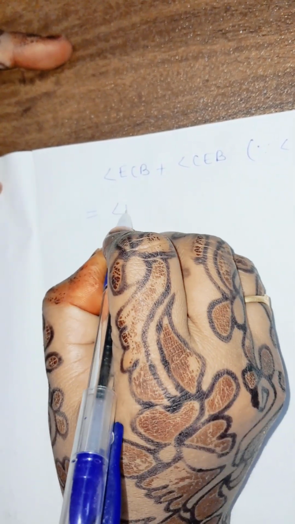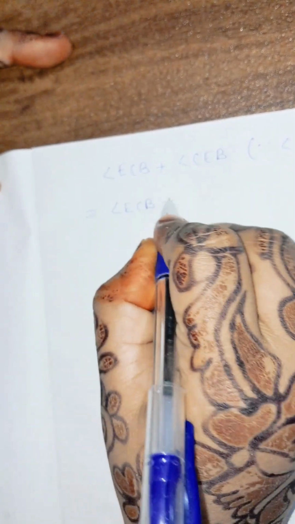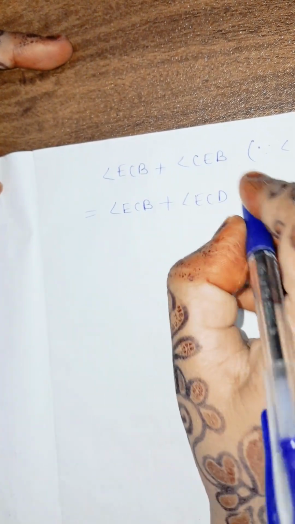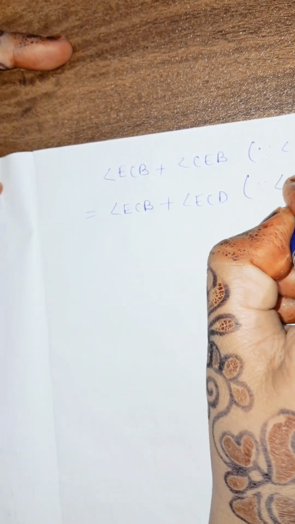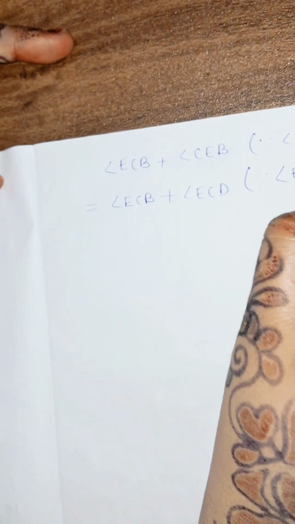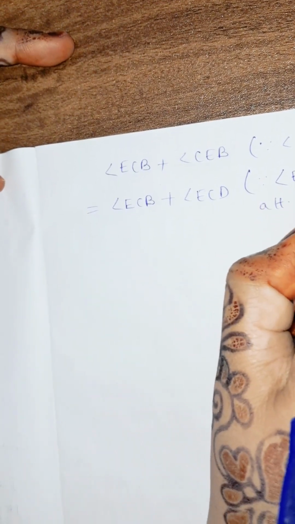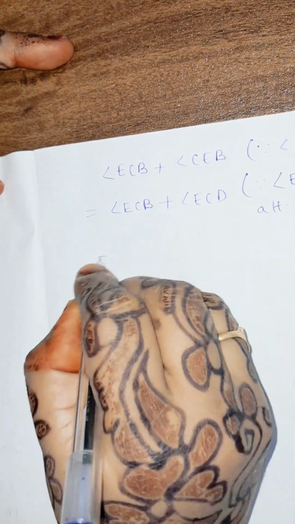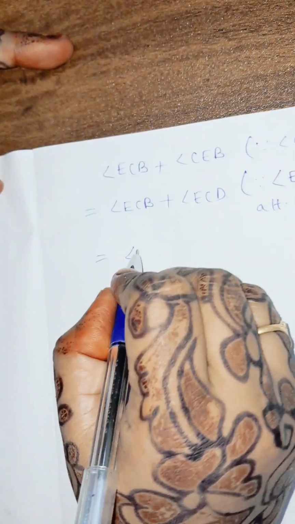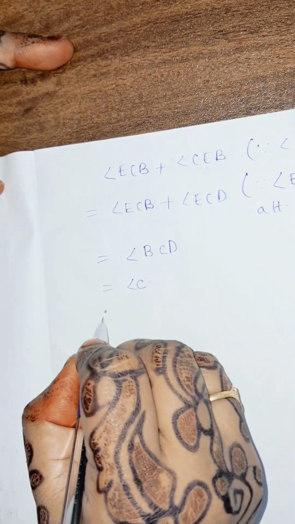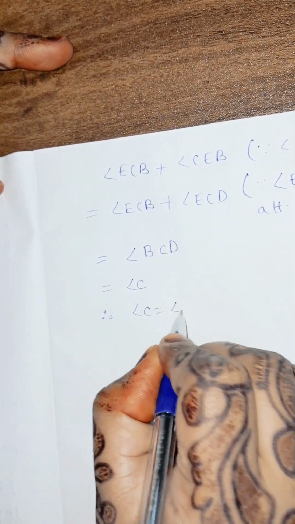Next, angle ECB plus angle ECD, because angle ECD is equal to angle CEB, which are alternate angles. Okay. Next, this will be equal to angle BCD, which is equal to angle C. So therefore angle C will be equal to angle D.